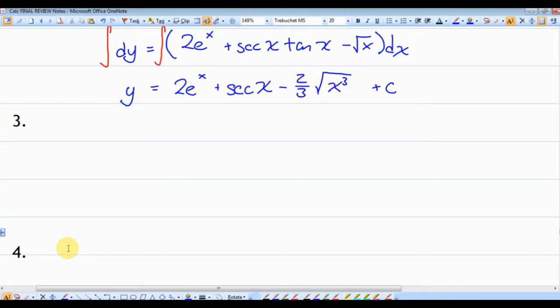A car moving with an initial velocity of 5 miles per hour. Oh, maybe we should write that down. V of 0 is 5. Velocity at 0 equals 5.